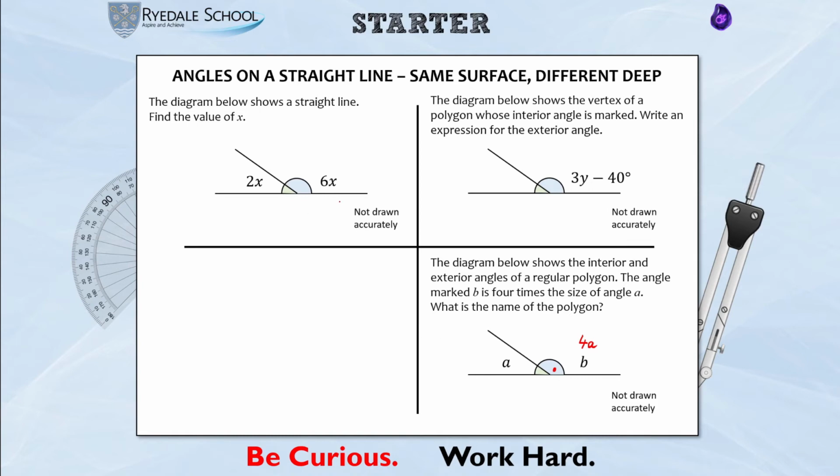So now I'm going to use a little bit of the maths that we used in that first question, because A and 4A, 5A, must equal 180. Dividing through by 5, A must equal 36. Then using a little bit of maths from the previous question, the number of sides is 360 divided by the exterior angle. So the number of sides is 10. What do we call a polygon with 10 sides? That is a decagon.